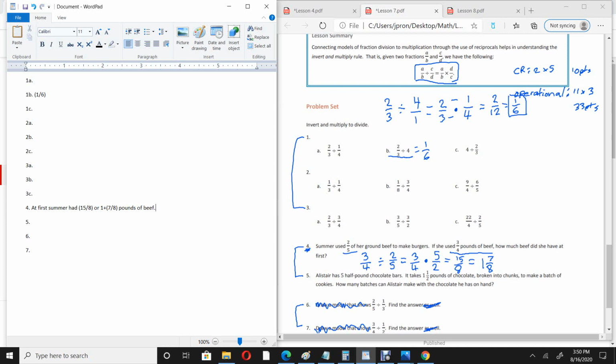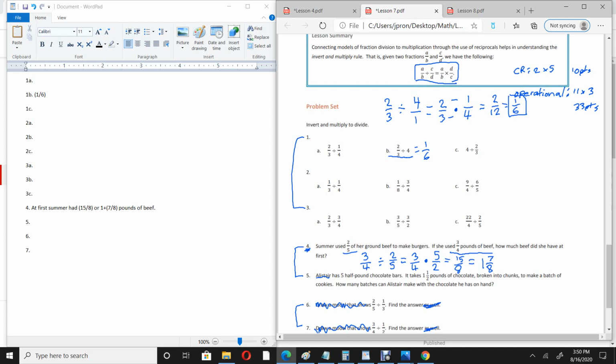I'm going to read it, and then you can try it on your own. I'm going to give you some hints though here. So if you wanted to try it on your own, skip this part. Alistair has 5 half-pound chocolate bars.